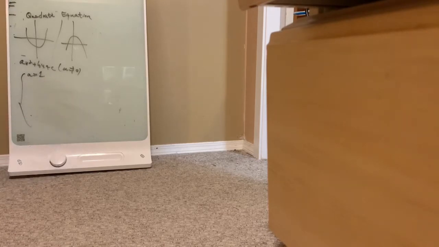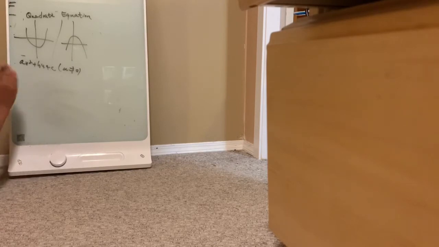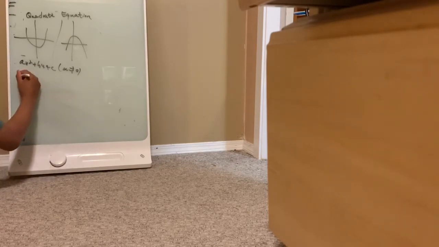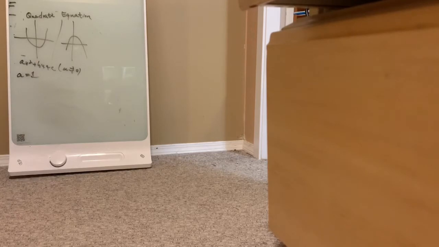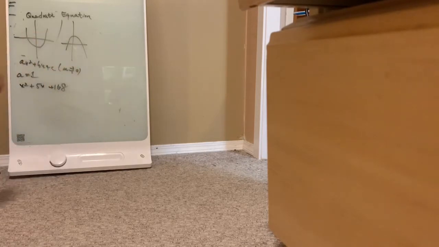Now let's talk about the ultimate case where a is equal to another number. Sometimes this way might not be able to solve all problems with a equal to 1. So let's make an example: x squared plus 5x plus 168.